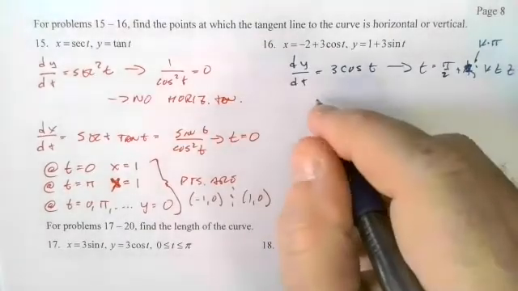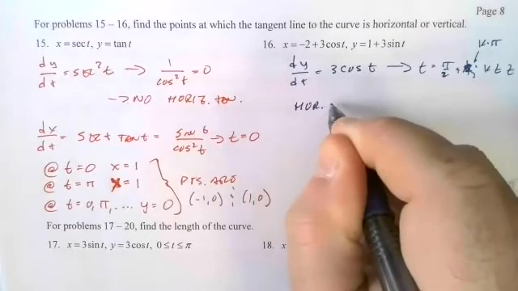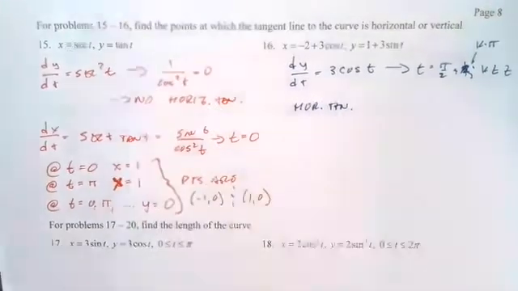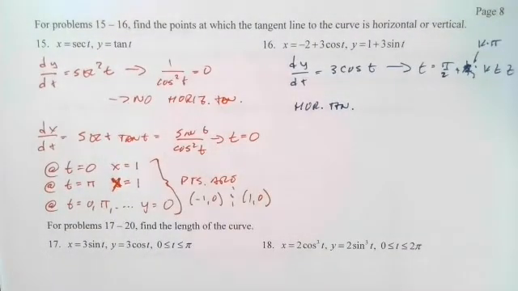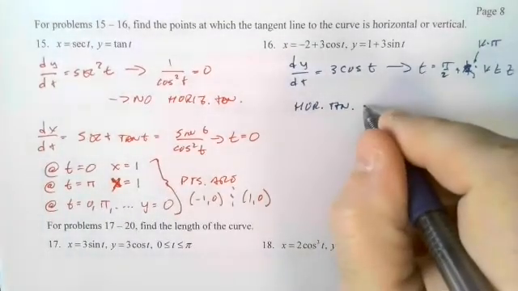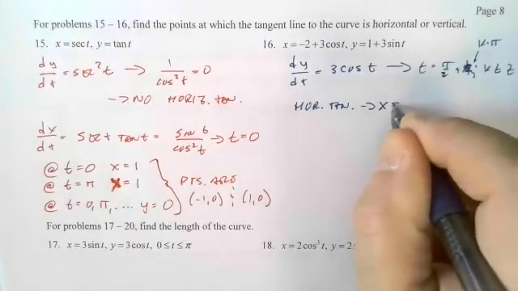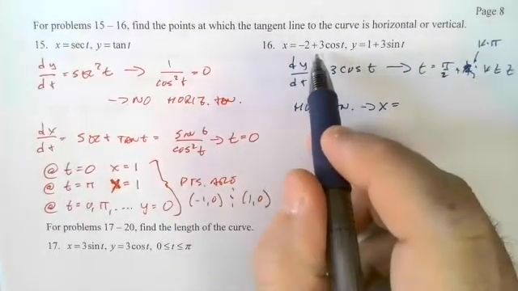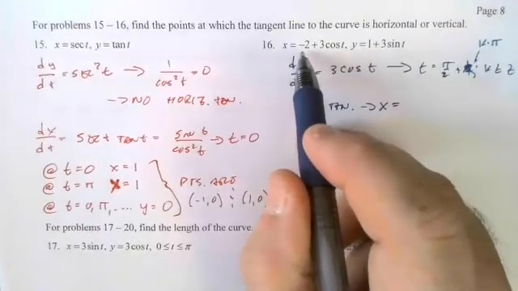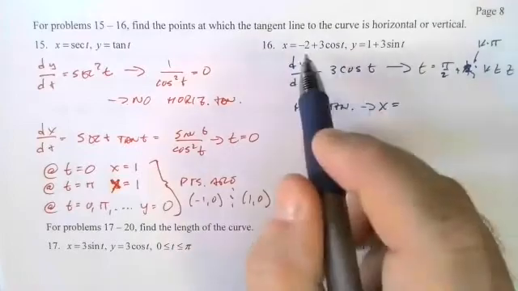So have your horizontal tangents. x equals, plug in pi over 2, 1 minus 2 plus 3. No, it's 0, negative 2.